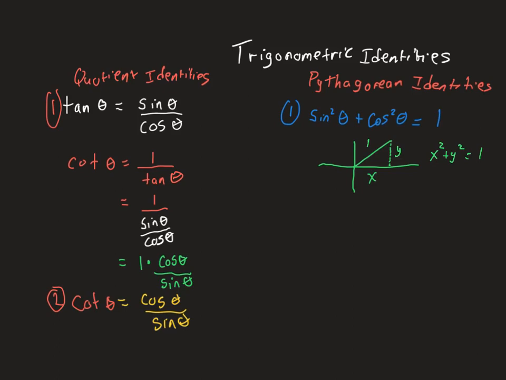We also learned that sine should be opposite over hypotenuse. So if sine is opposite over hypotenuse, so this is my theta, my opposite would be y, and my hypotenuse obviously is 1, so y divided by 1 should be y.